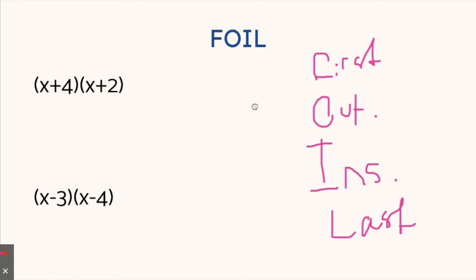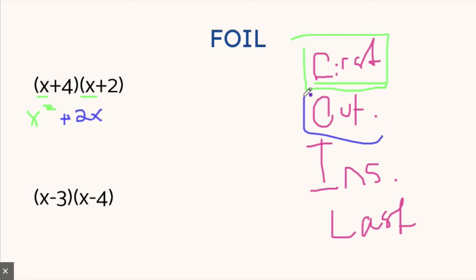The first terms of these two parentheses are x and x, so we first multiply those two. X times x gives us x squared. Then we do out. The outer terms of both are x and 2. When you multiply x and 2 together, you get 2x. That's out.